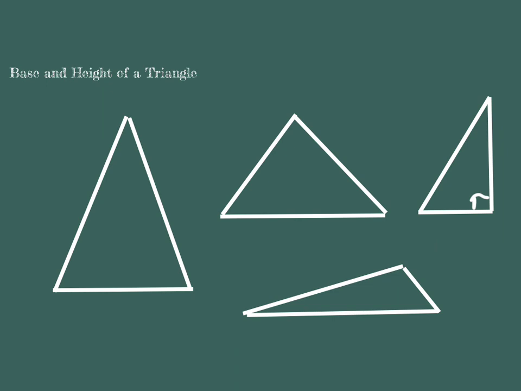So we have our corners A, B, C. Our base is usually the bottom of the triangle. So the question might tell us that the base of this triangle is line AB. So we need to find the height. And the height is a line that goes from the base to the top and it goes up at a right angle.